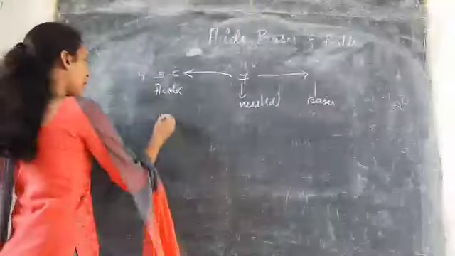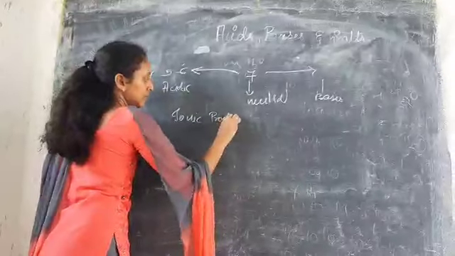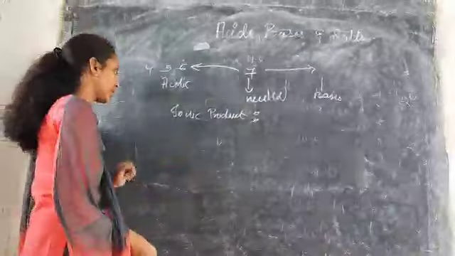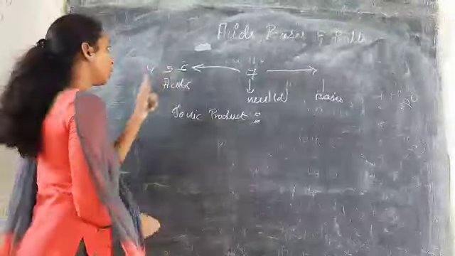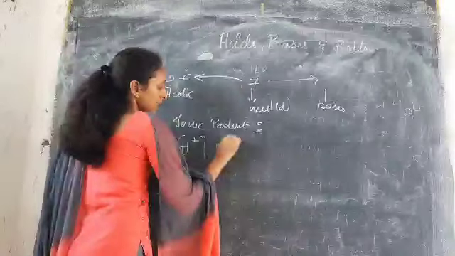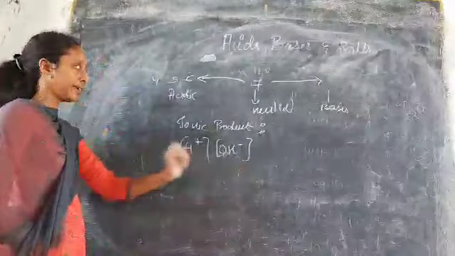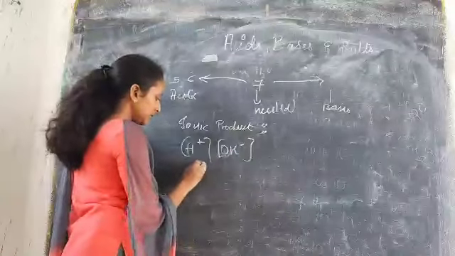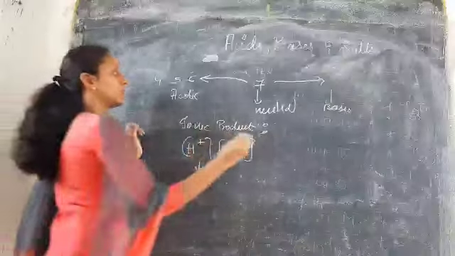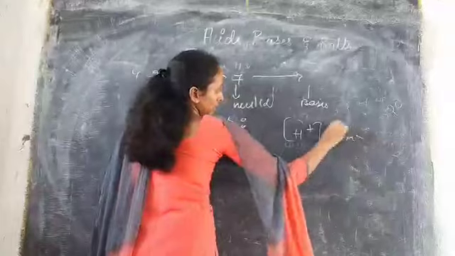So next one is ionic product. How do we come to know the ionic product? For example, in pure water we already know there is H plus and OH minus. So H plus will be 10 to the power of minus 7, and H plus ions are always equal to OH minus ions.